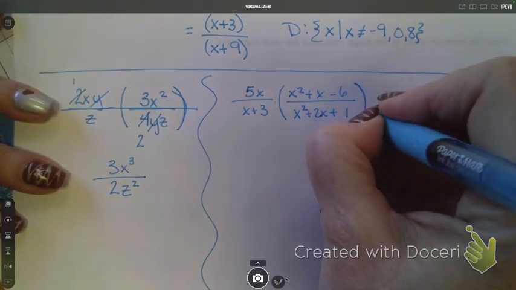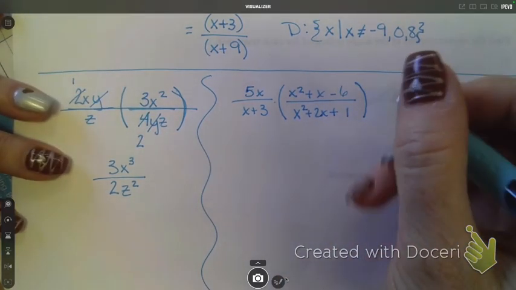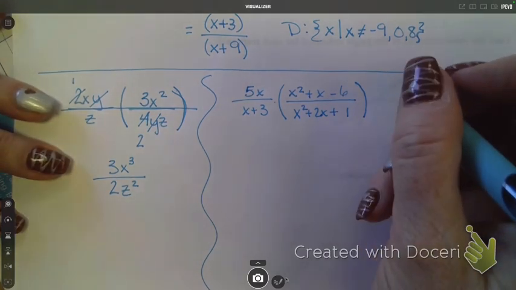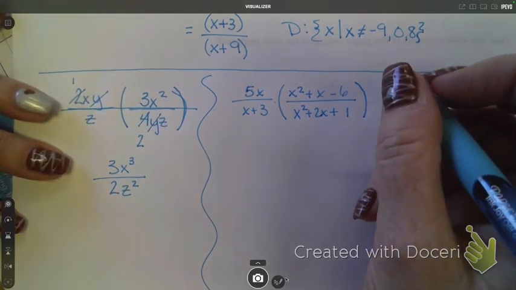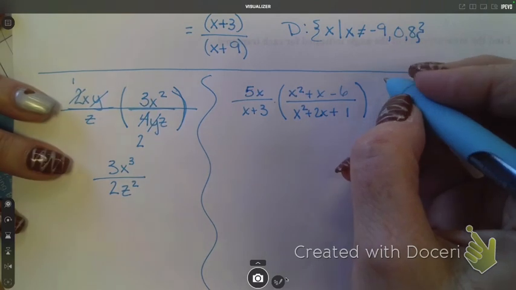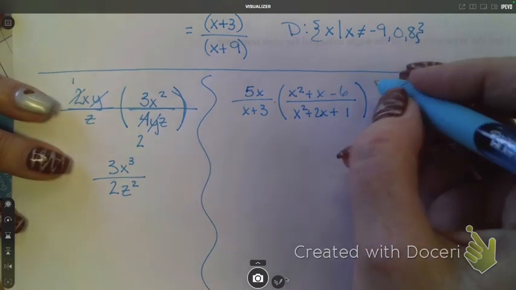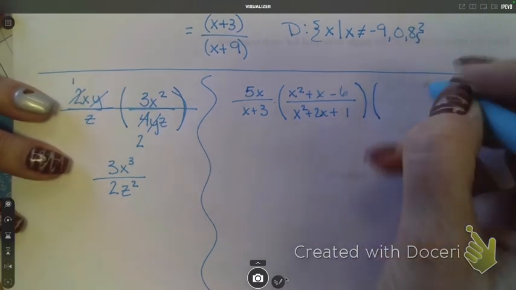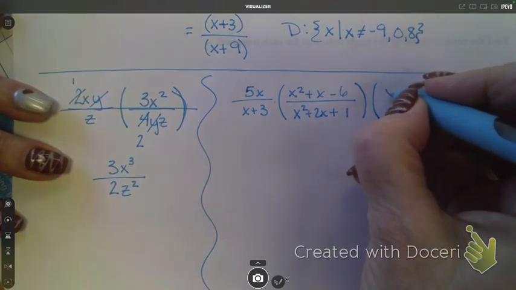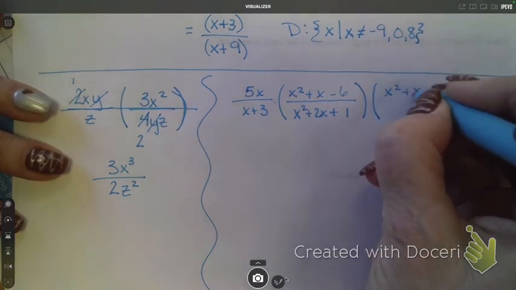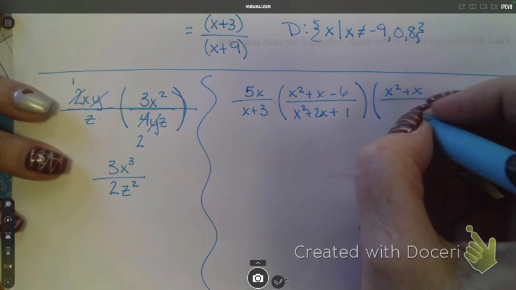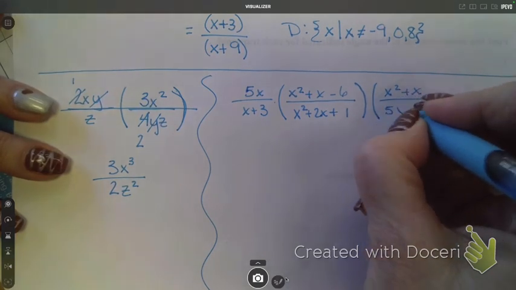And they put dots. Don't put dots on your paper. You know what they're going to turn into? They're going to turn into negatives. You're not going to know what they are. Use the parentheses. Got it? Times x squared plus x over 5x minus 10.